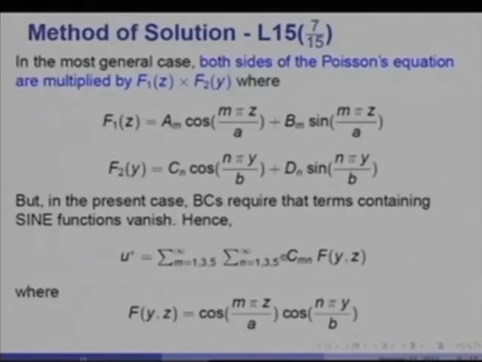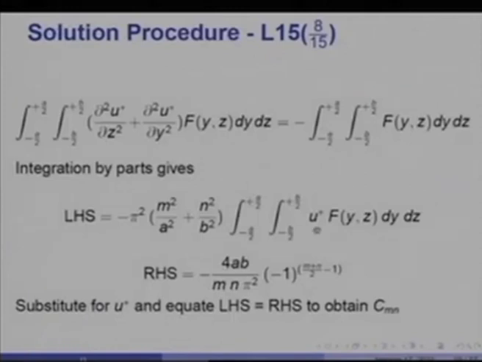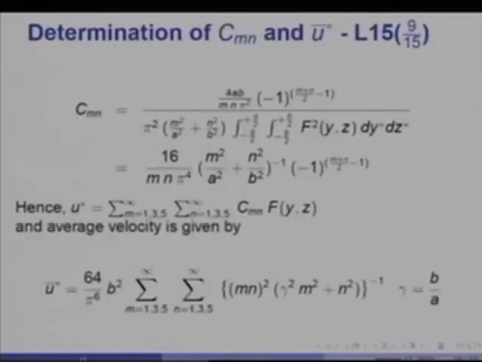So, if we substitute for u star in this expression and equate the left hand side with the right hand side, we get Cmn equal to the expression given here, and again substituting for the square of f(y,z) would give me that expression for Cmn. Therefore, the velocity is now given by that expression multiplied by cos(m pi z by a) times cos(n pi y by b), which is the f(y,z) function.